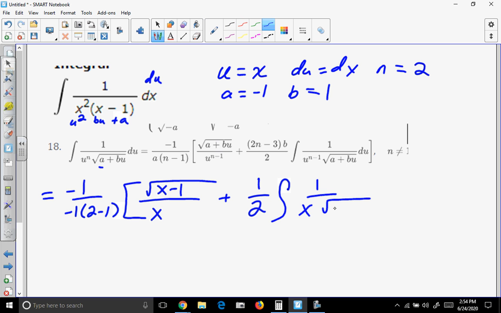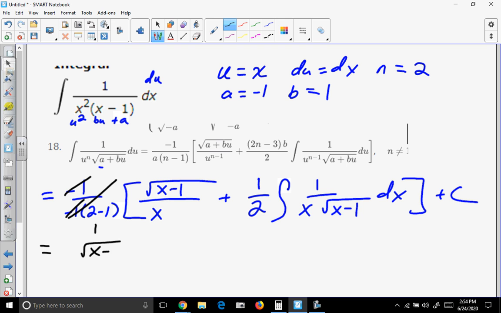That was x, and that was x minus 1. And then plus c. So we went ahead and substituted in for that whole formula. Now, those cancel. 2 minus 1 is 1, so all of that's 1. So we have the square root of x minus 1 over x plus 1/2 times whatever we get for that.